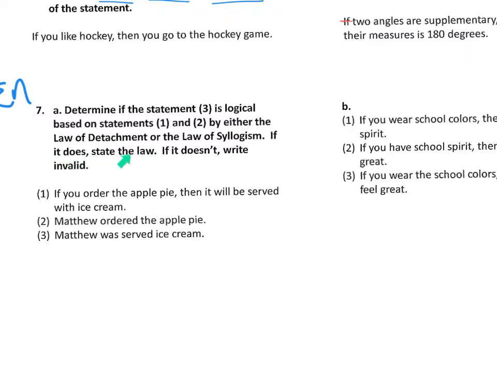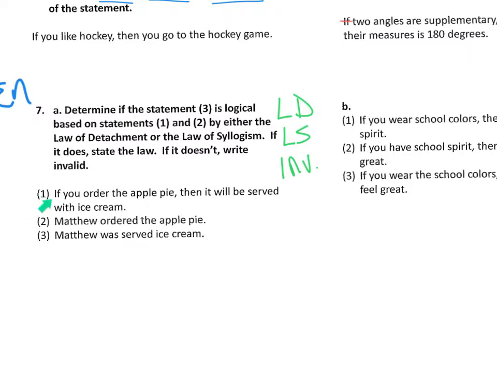If it does, state the law. If it doesn't, write invalid. Okay? So we did this on the board yesterday in class. So you're just going to go by these and write. You could write law of detachment, law of syllogism, or invalid, INV. Okay, that's what you're looking to do.